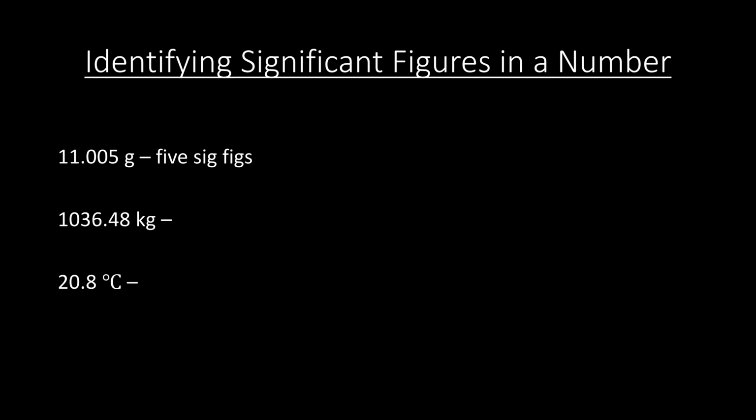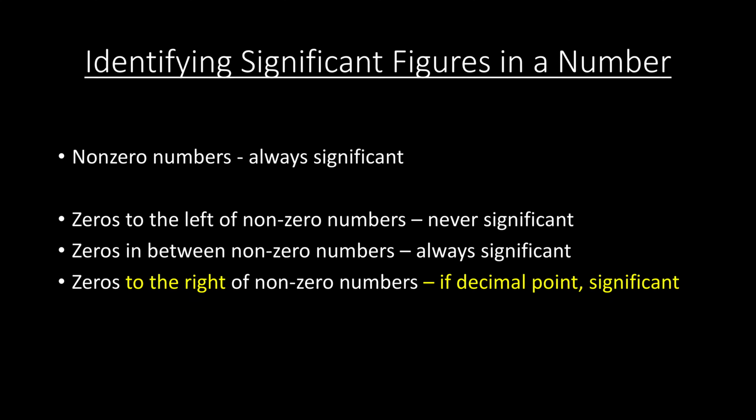In the middle number, all the non-zero numbers are significant, and the 0 is also significant because it's in between non-zero numbers. So the whole number has 6 significant figures. In the bottom number, the 2 and the 8 are significant, and the 0 is significant because it's in between non-zero numbers. So the whole number has 3 significant figures.